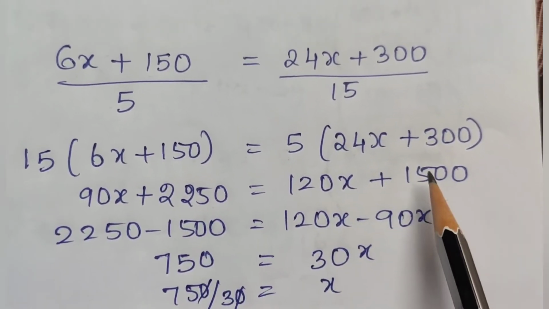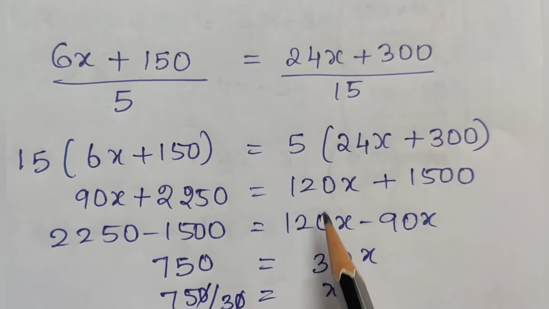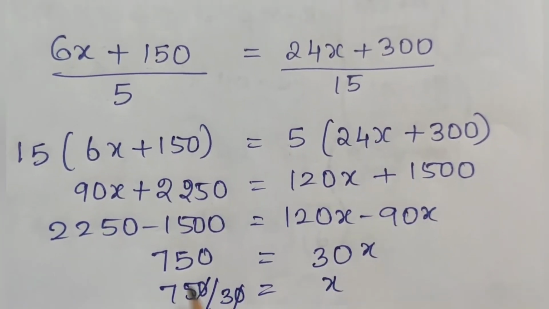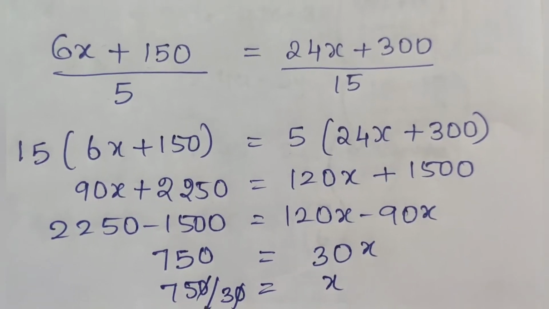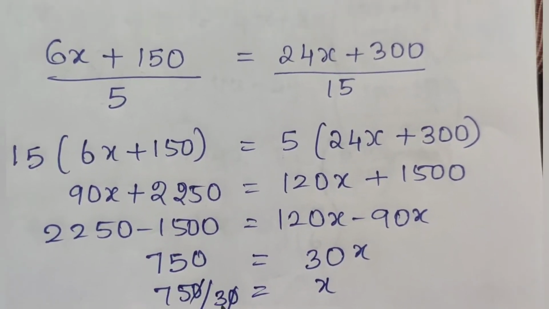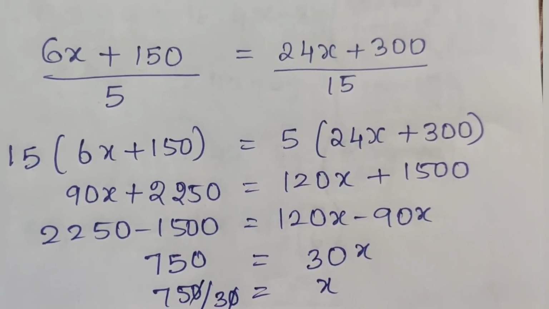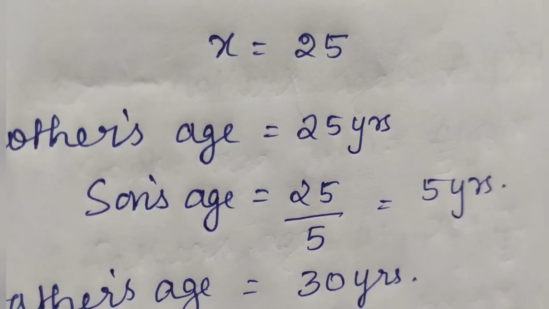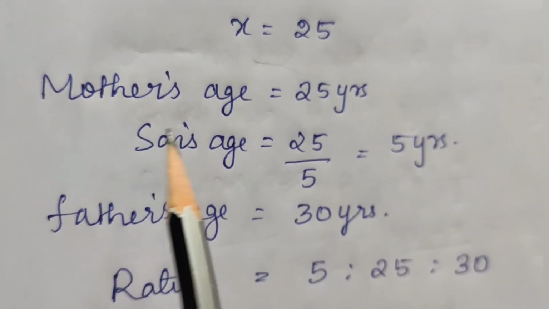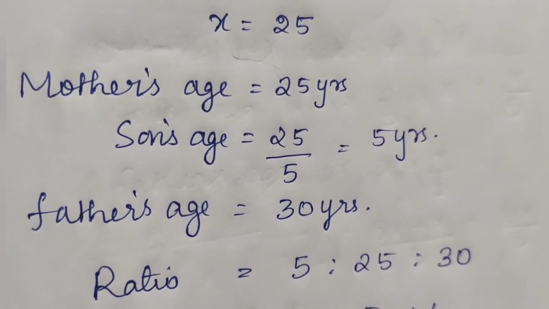So, 2250 minus 1500 equal to 120x minus 90x. We get 750 is equal to 30x. So, x is equal to, 30 comes this side, division. 750 divided by 30, 0 cancel, 75 by 3, 25. So, we get x is 25, therefore, mother's age is 25 years.